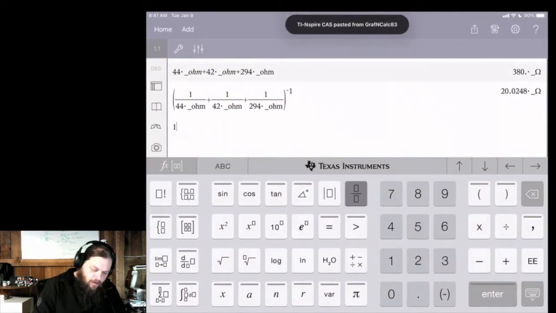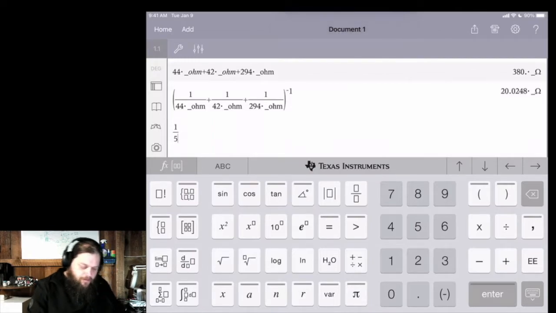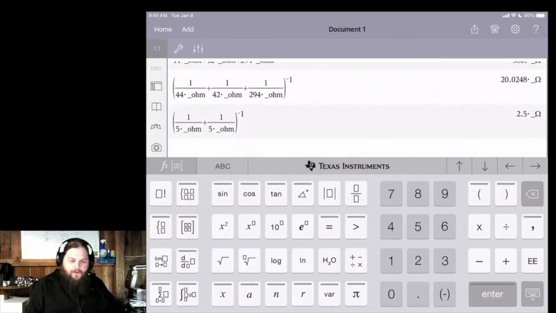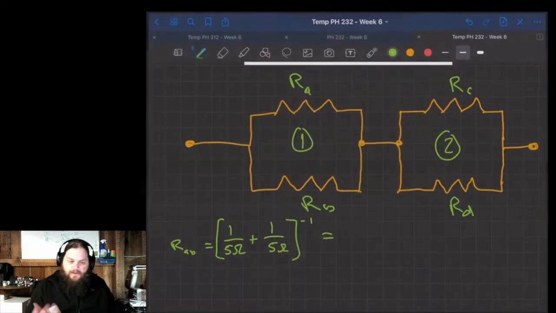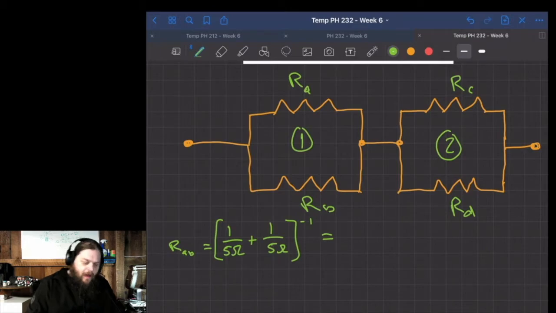So 1 over 5 plus 1 over 5 ohms, and I take the inverse. We get 2.5 ohms. You see that the resistance really halved there. We have half as much resistance as either one of those resistors.